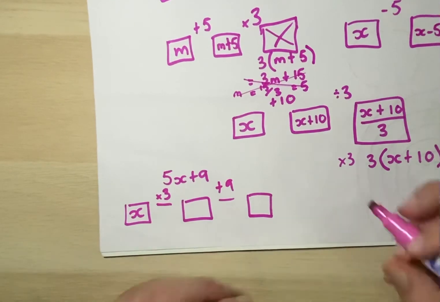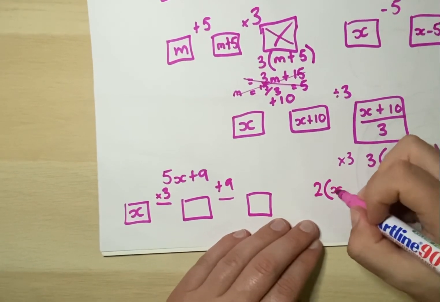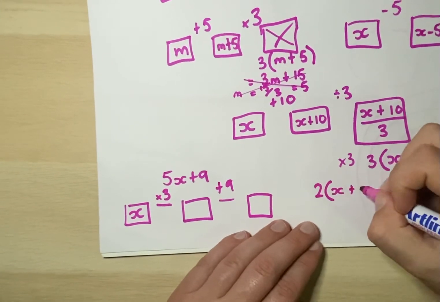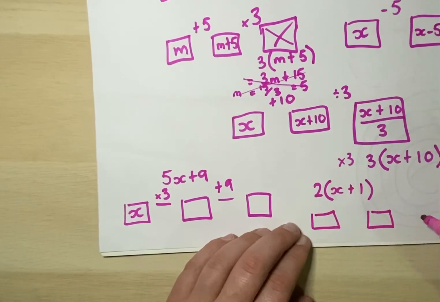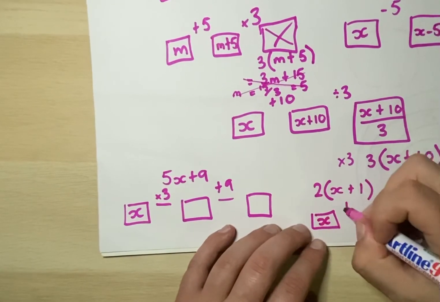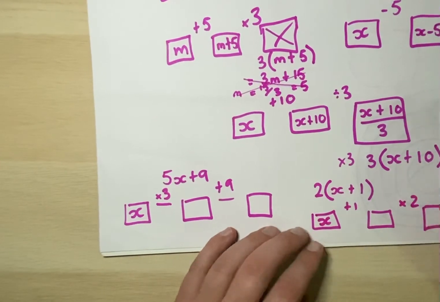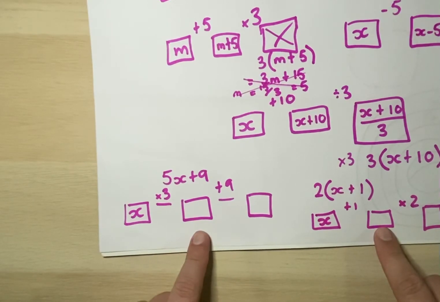But then it goes on to be a bit trickier, and because this is where our inverse operations and backtracking from last lesson come in, we're given the answer, now we have to go backwards. So here, because we do have brackets, we know that we had our addition first and then our multiplication second, because we're timesing 2 to both values. So that's question 4. Have a go at it.